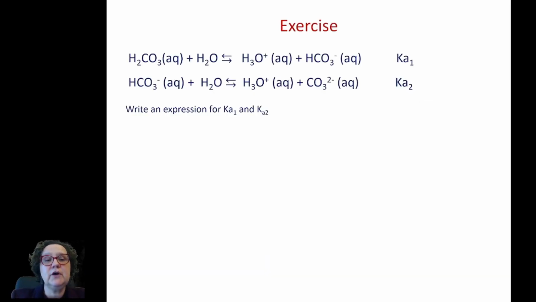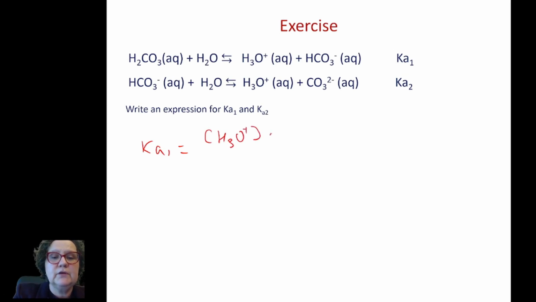Okay, I hope you stopped the video and had a go at the exercise. Let's try the first one. The concentration of the products. The first product is H3O+ times the concentration of the other product, the HCO3−, the hydrogen carbonate anion. And the square brackets mean concentration.